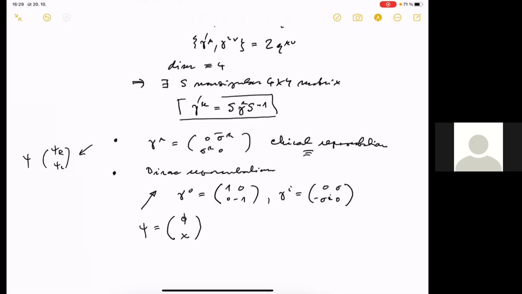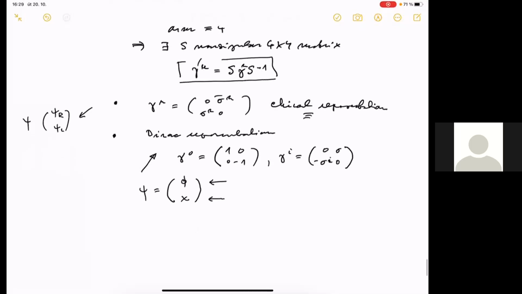You have probably made the non-relativistic limit of the Dirac equation and found that the large components correspond in the non-relativistic limit to the 2-component wave function corresponding to the Pauli equation. And the small components are suppressed by one power of the mass of the particle with respect to the large component. So it vanishes in the non-relativistic limit.